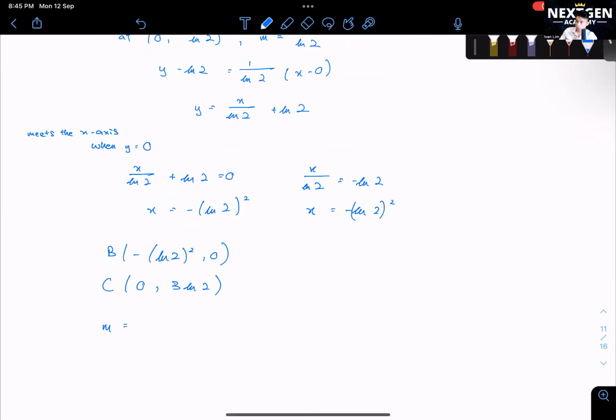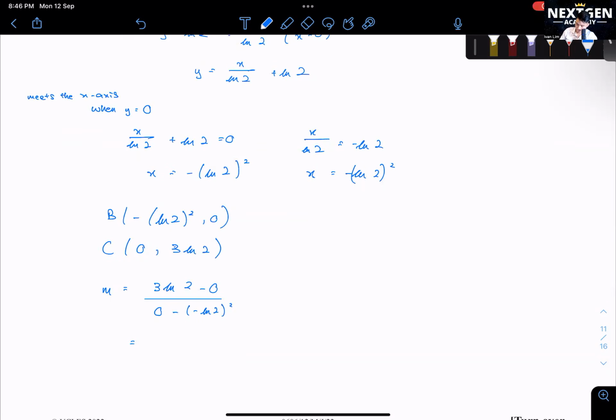So m will be equal to 3 ln 2 over 0 minus negative ln 2 square.